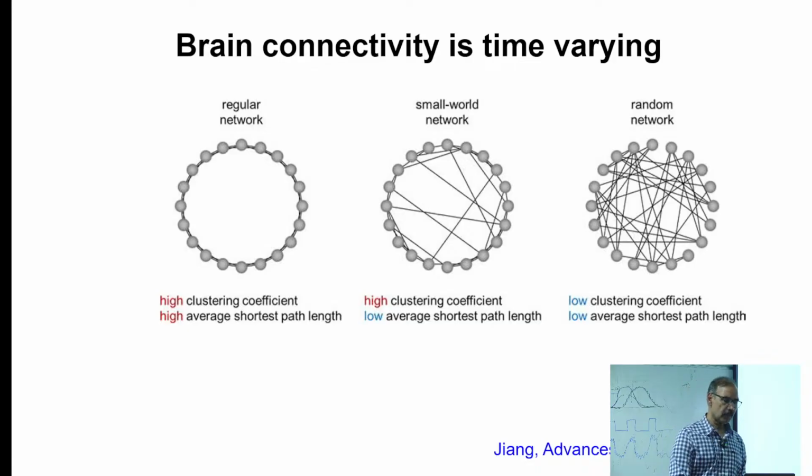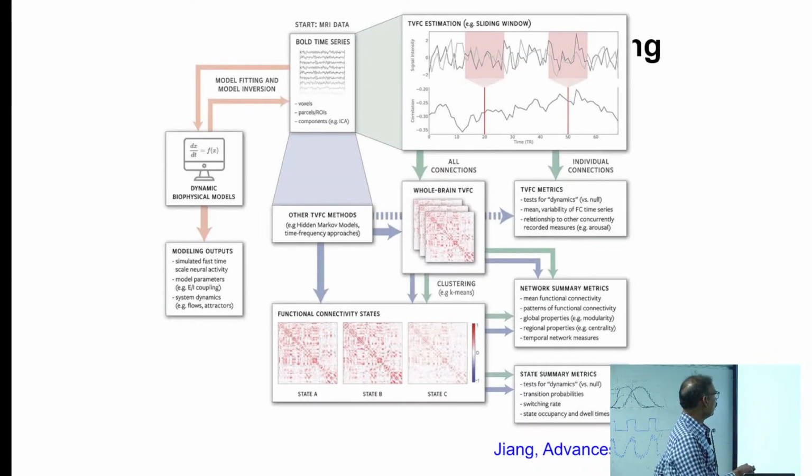Okay. So with graph theory, what you can do is, this is time varying functional connectivity, right? You can use this window to make a whole brain connectivity, and from that we can find different connectivity patterns. Also, using k-means clustering, we can find different states, as I mentioned about microstates in EEG.